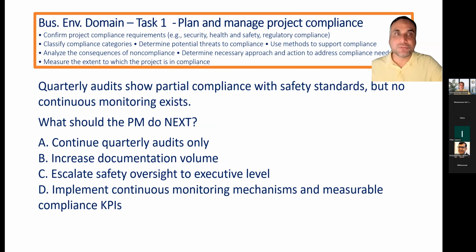Next, quarterly audit shows partial compliance. Are they talking about quality assurance or quality control? This line, quarterly audit shows partial compliance with safety standards. Is it QA or QC? Who is doing that thing?